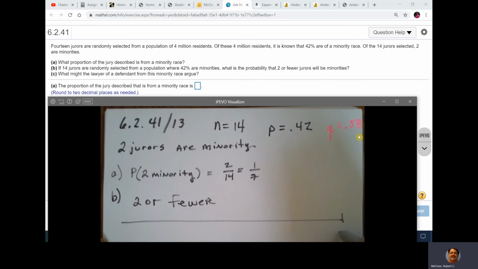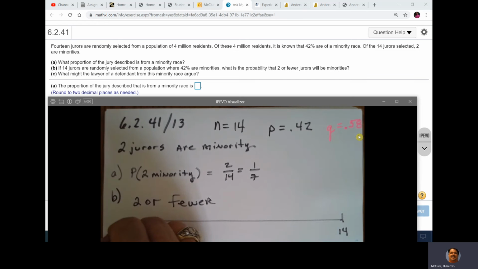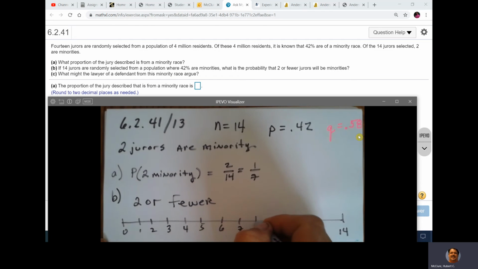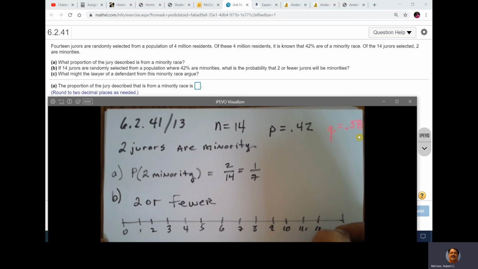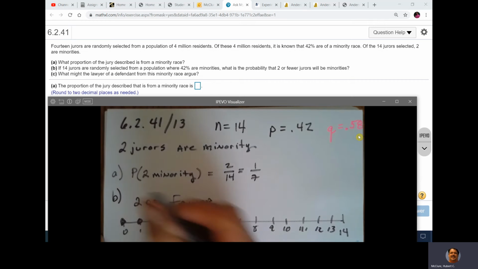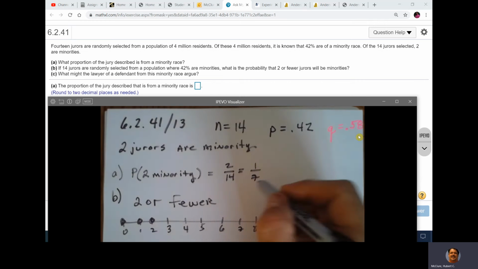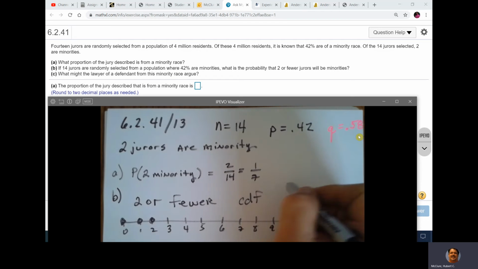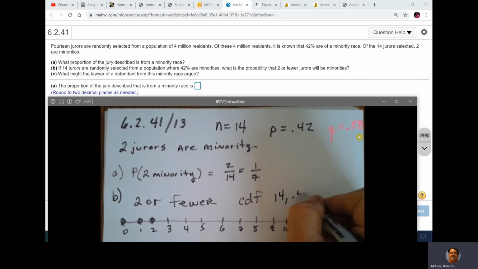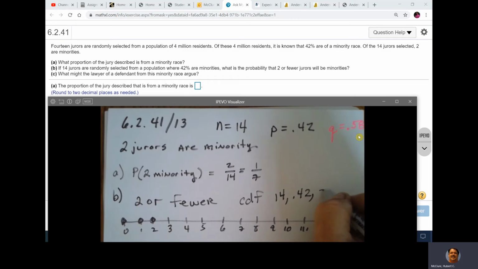Draw your number line, 0 through 14. They want to know 2, 1, and 0, so the CDF to 2, with n equal to 14 and p equal to 0.42.